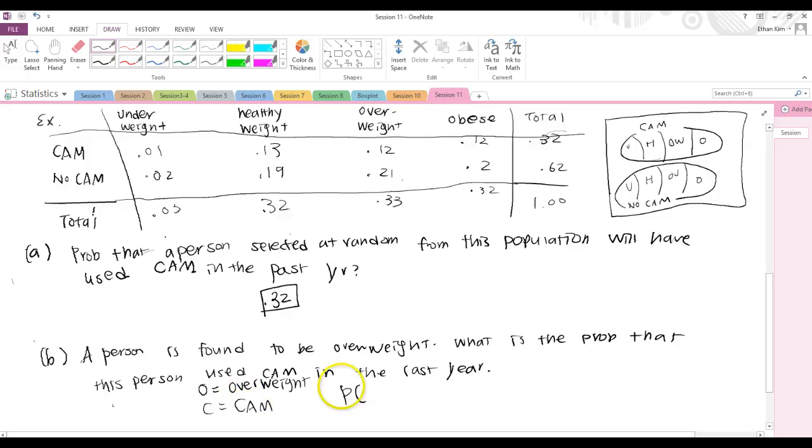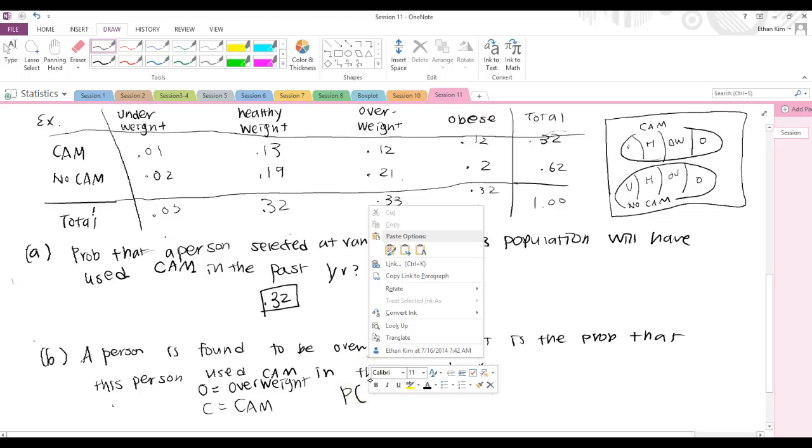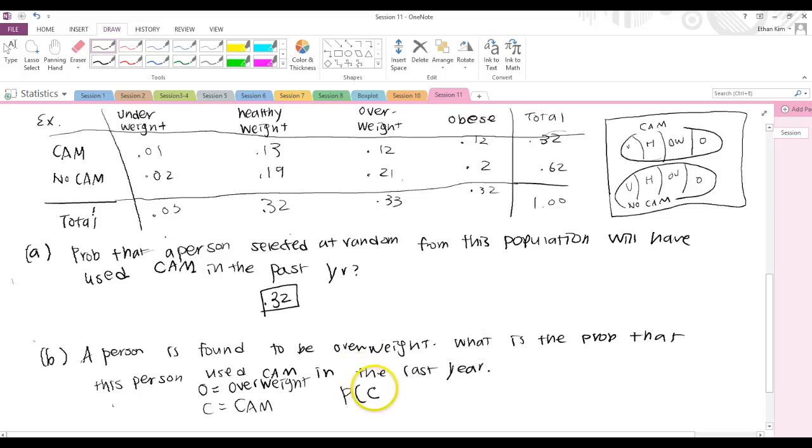We're looking at the probability that a person used CAM, so that's going to be the probability of C, given that the person is overweight. Because that person is already found to be overweight. So among the overweight population, how likely is it to have used CAM? So that's C given O.